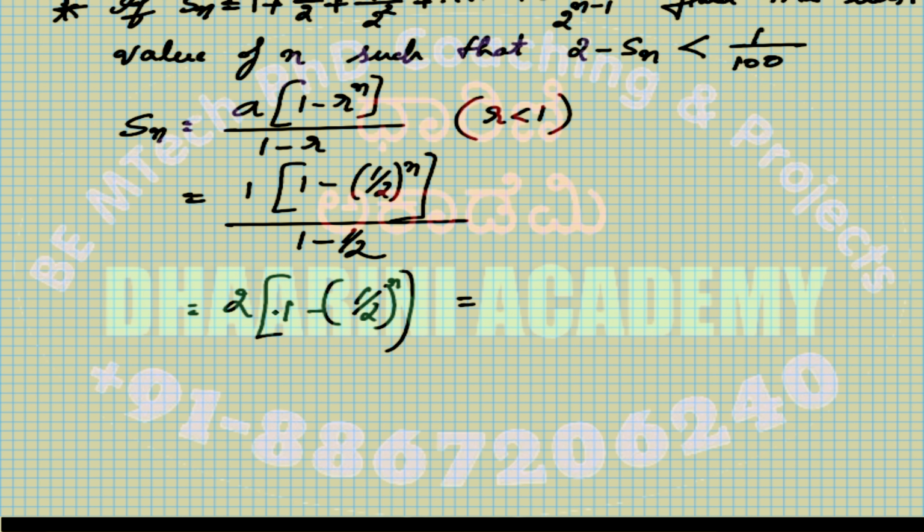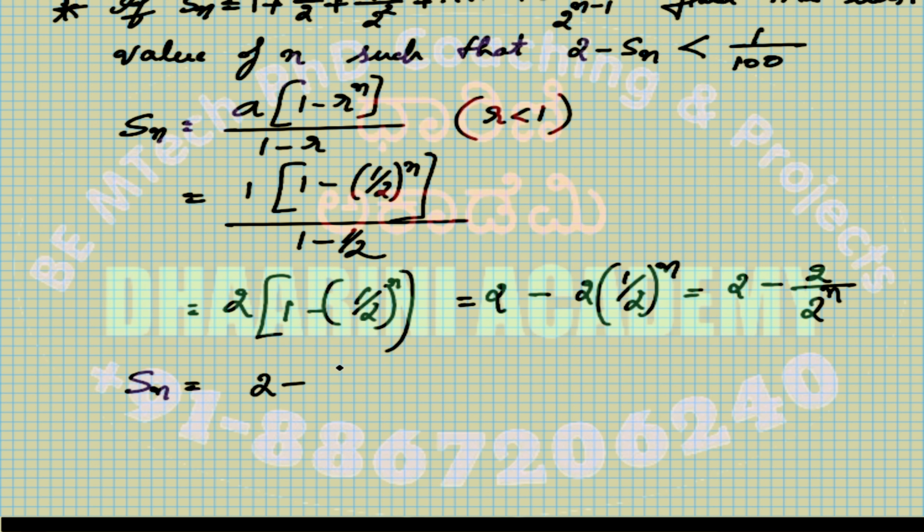So this is equal to 2 into 1 is 2 minus 2 times 1 by 2 to the n. Okay, so this can be written as 2 minus, there is a 2 in the numerator and 2 to the n in the denominator. So Sn is equal to 2 minus, the 2 in the numerator I'll take to the denominator, so this is 1 divided by 2 to the n minus 1.